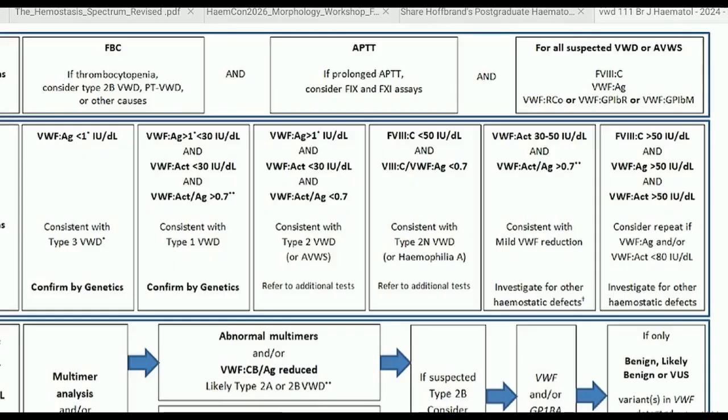The center columns of our flowchart reveal the critical diagnostic pivot point, the discordant ratio, where activity divided by antigen falls below 0.7. This definitively indicates a qualitative type 2 defect, or acquired von Willebrand syndrome. The protein is physically present in the blood, but its functional mechanics are broken.